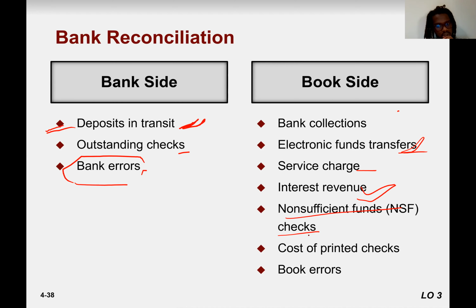Instead, the bank notified you that you deposited a bogus, non-sufficient or bounced check. In some countries, we call this a bounce: it is a check, but the amount is not in the customer's account. Cost of printing the checks is also included in the charges by the banks, and also human error, book error. You mistakenly wrote it down with some wrong numbers, right?